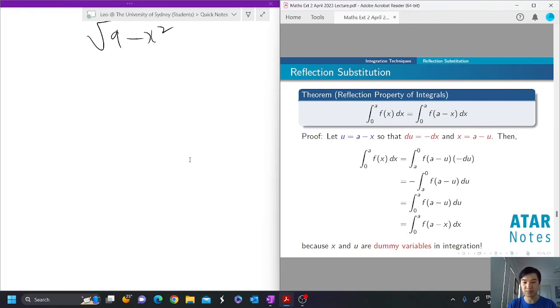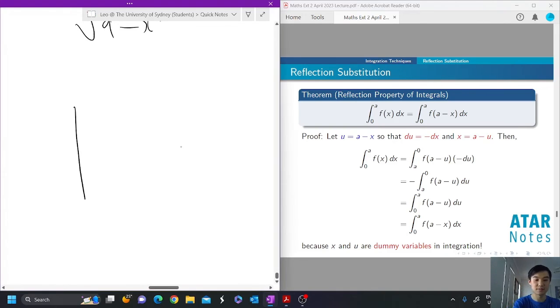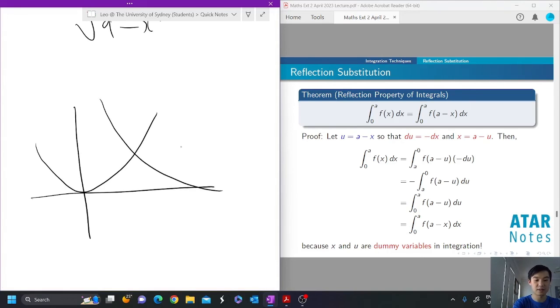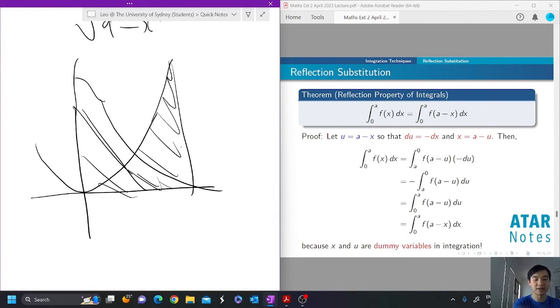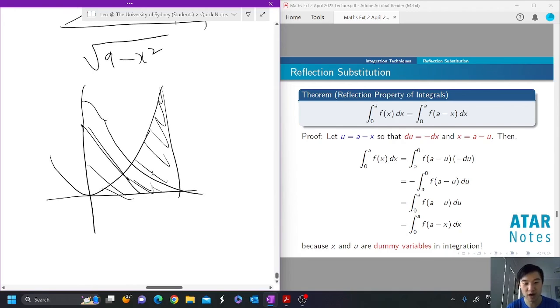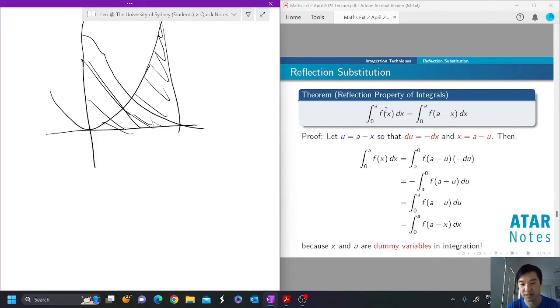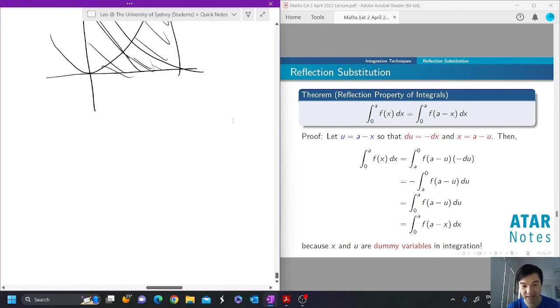So it's basically like, I think, something like this area here is going to be the same as this area here. Basically, that's what happens. You can try experimenting with different functions, and this is what the reflection property basically says.